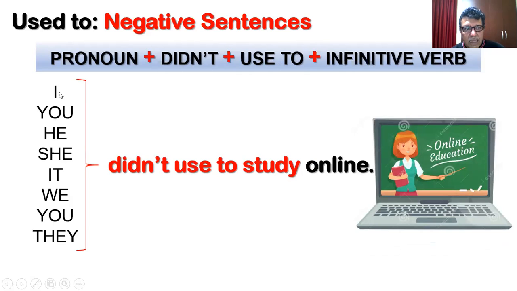An example is, I didn't use to study online. Yes, of course. Until this year, we used to go to school, okay? We used to go to school every day. But with this COVID-19, we have to stay at home and we have to study online now. So in the past, I didn't use to study online, but now in the present, we study online, okay? This is an action in the negative form, okay? So remember, affirmative, used with D. Negative, use with no D, okay?